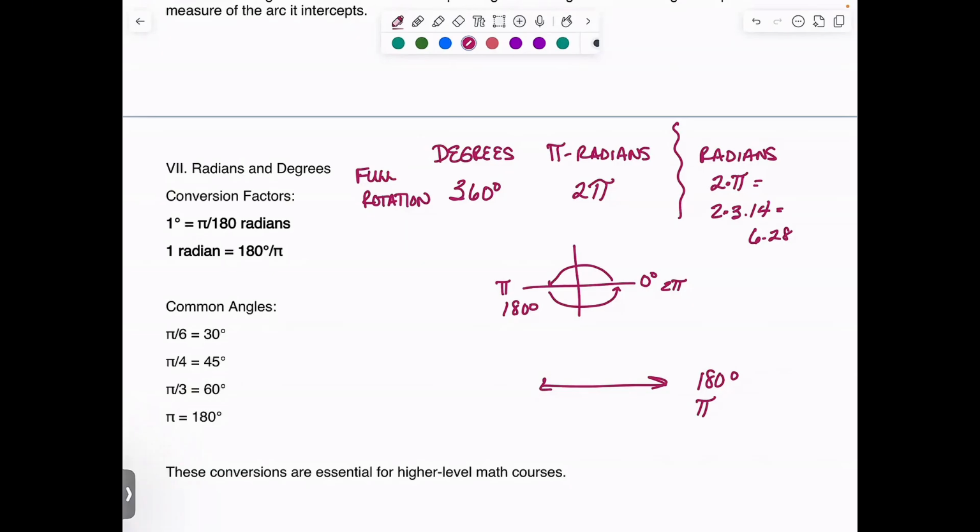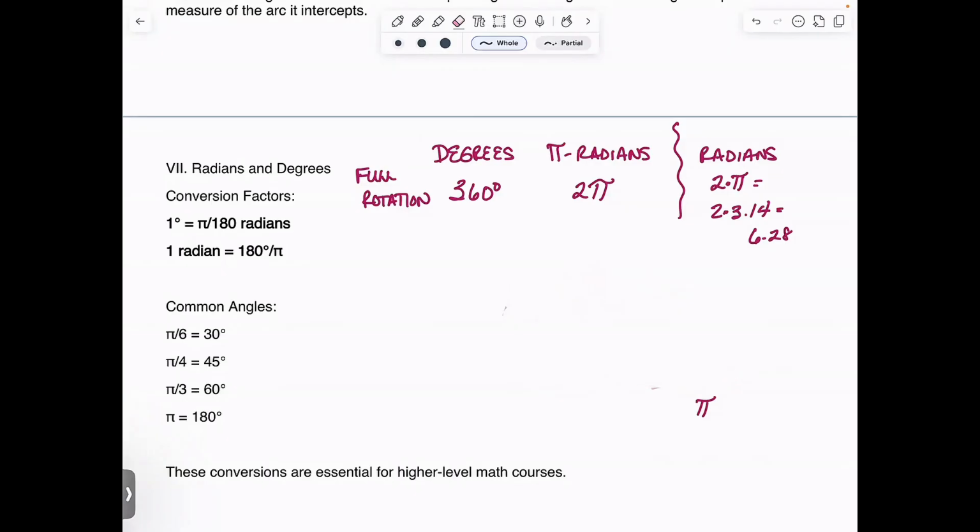So what I mean by that is, if you're given radians here, which I wouldn't expect you, and I don't think your geometry teacher expects you to know this, but if I'm given 5 radians as an angle measure, I know it's somewhere over here in the fourth quadrant.